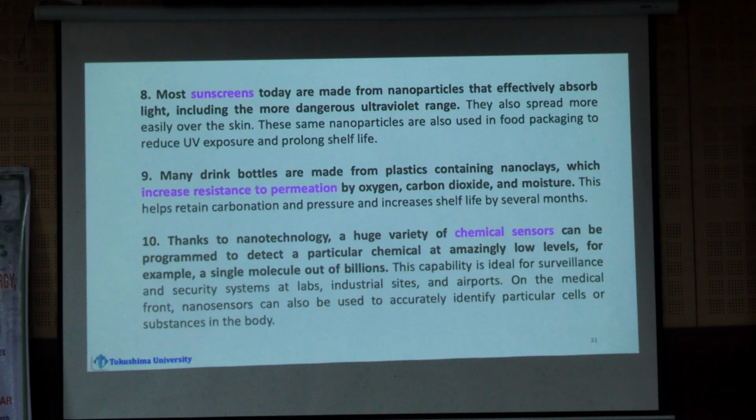Food packaging also, we have to see whether such an application can be done to protect the food for longer time. Many drink bottles are made of plastic containing nano layers which increase resistance to permeation by oxygen, carbon dioxide and moisture. Sometimes some polymers have permeation, they can allow these gases inside also.